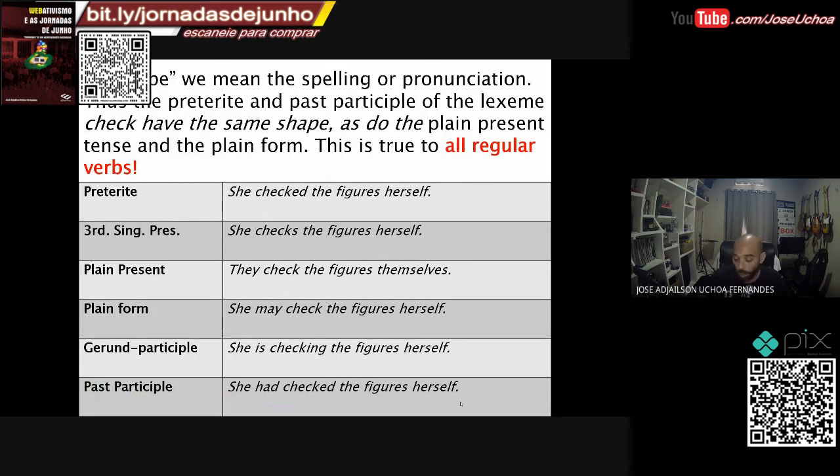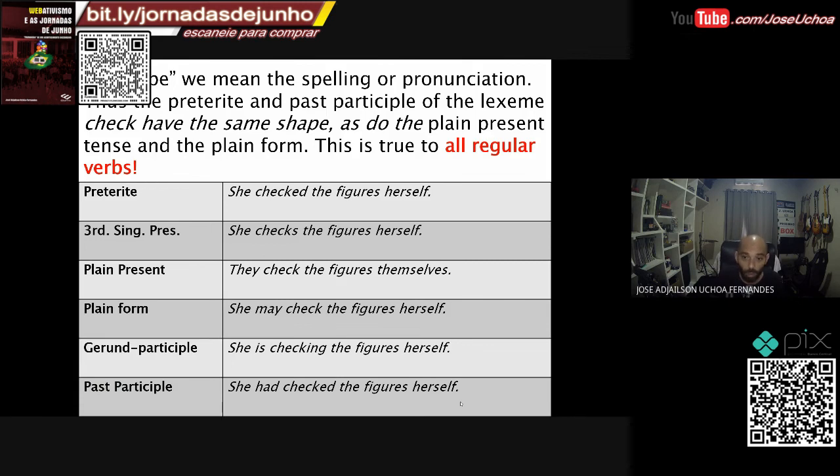By shape. Agora eu vou definir form e shape. Né? By shape, we mean the spelling or pronunciation. Does the preterite and past participle of the lexeme check have the same shape as do the plain present tense and the plain form? Okay?